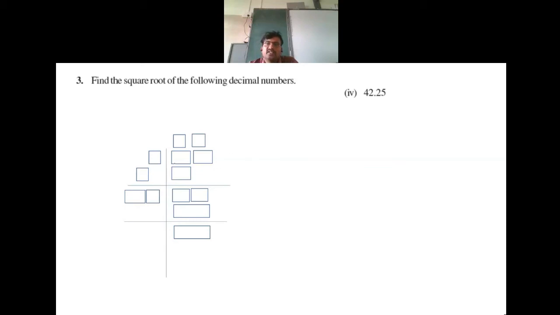Yes, sir. We shall start. The groups are 42 and 25. Correct. The nearest square number is 36, so 6 times 6 is 36, and 6 plus 6 is 12. Here we have to place the decimal.